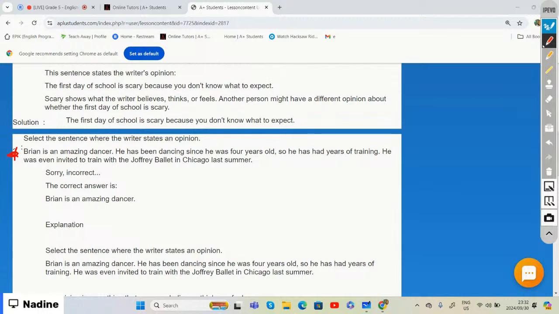He has been dancing since he was 4 years old, so he has had years of training. He was even invited to train with the Joffrey Ballet in Chicago last summer.